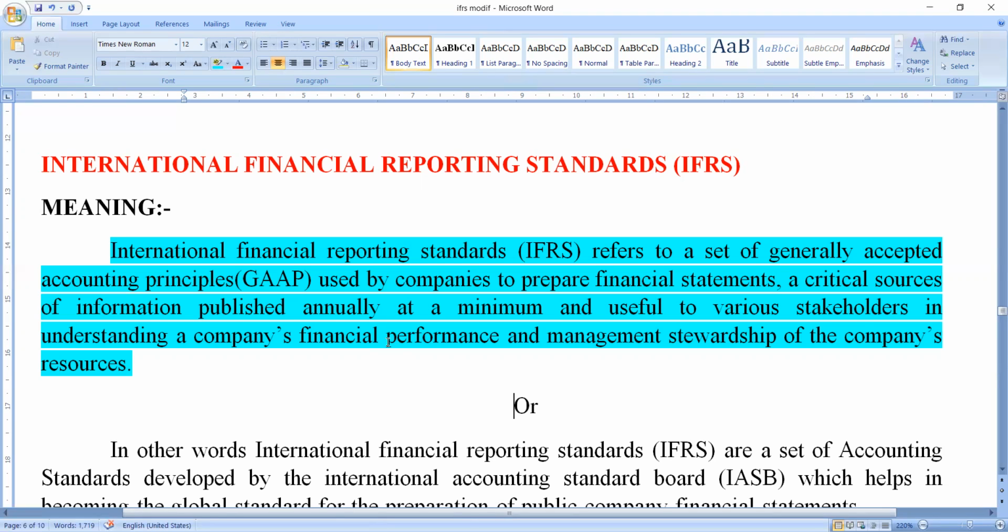Stakeholders are the external users of the organizational information, that is, creditors, debtors, investors, suppliers. Those persons, whom we call stakeholders, are interested in understanding the company's financial performance. What is the progress of the company's finance?